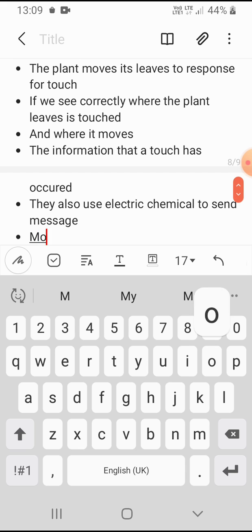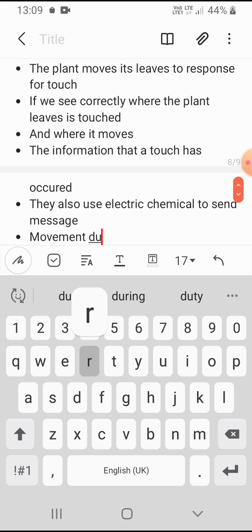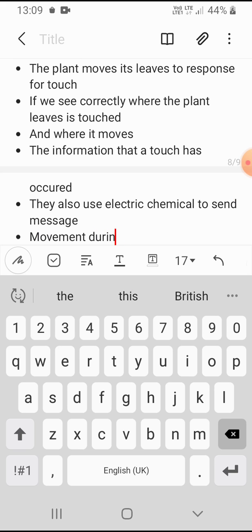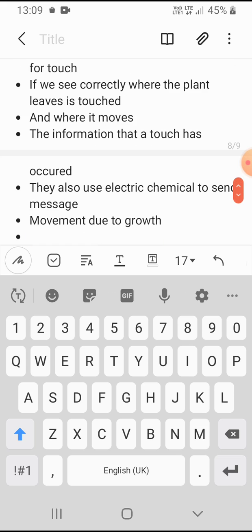So, movement due to growth. What is movement in plants due to growth?